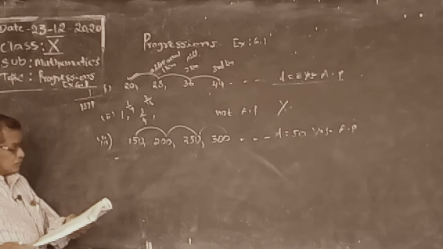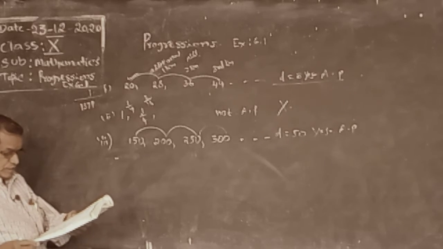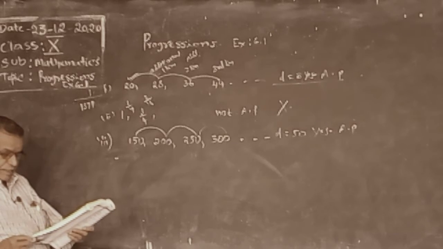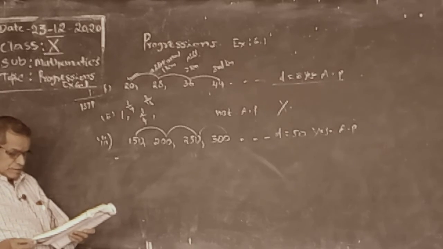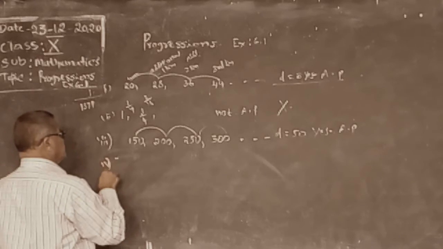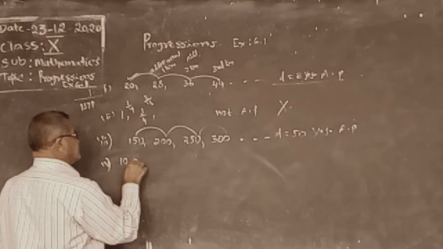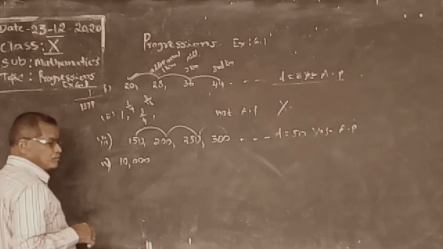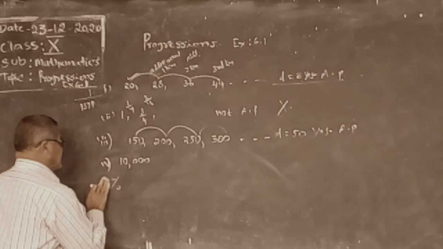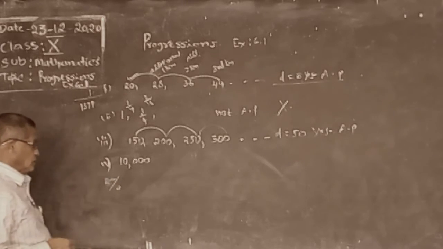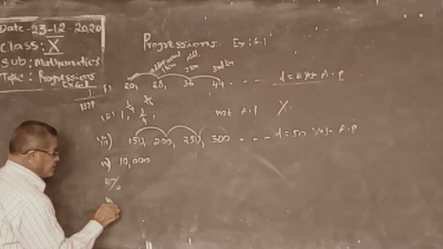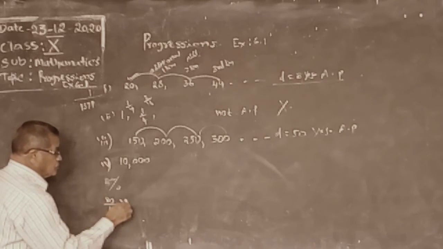Third one, yes. The amount of money in the account at the end of each year: 10,000 rupees deposited with compound interest. Fourth, 10,000 deposited in the beginning. The bank is giving 8% annual interest. So the interest becomes 8 by 100 into 10,000.